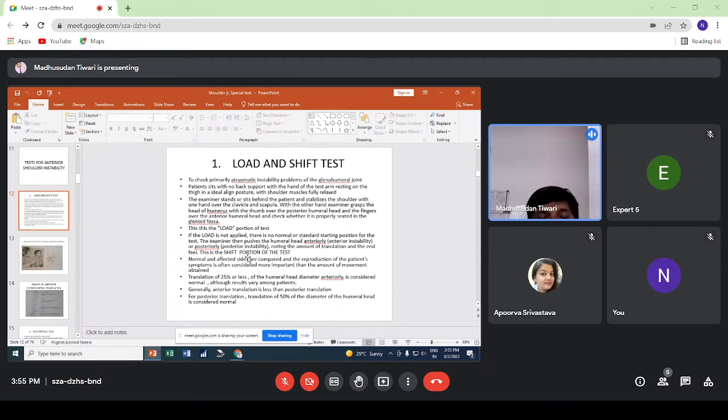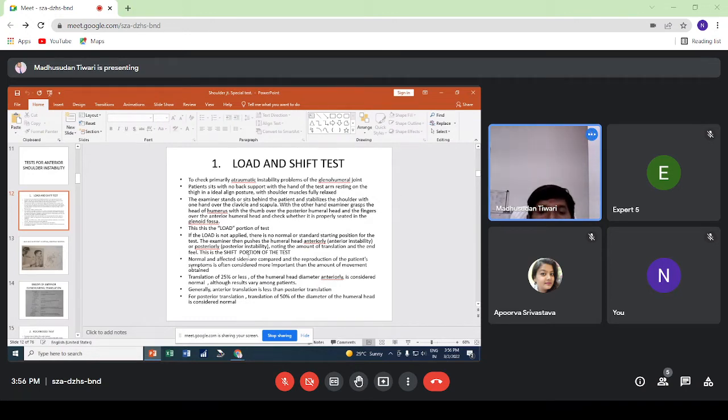This is the load portion of the test. If the load is not applied, there is no normal or standard starting position for the test. The examiner then pushes the humeral head anteriorly for anterior instability and posteriorly for posterior instability, noting the amount of translation and the end feel.